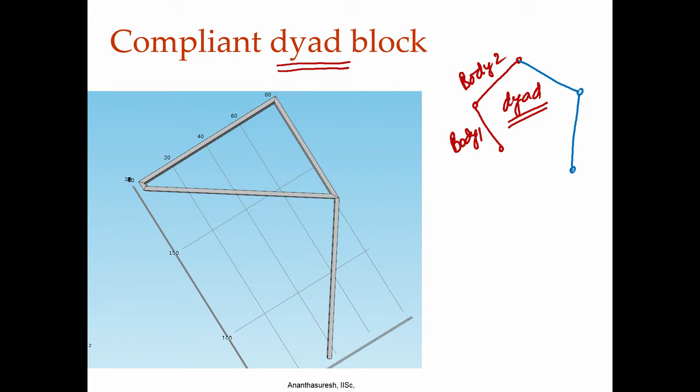Now, I have 2 dyads and I would design these dyads in a way that I have specified some rotation for this, let us call this theta, let us say we call this rotation psi. Then I would actually design so that the other one also has the rotation psi and this one has some rotation, let us call it phi.